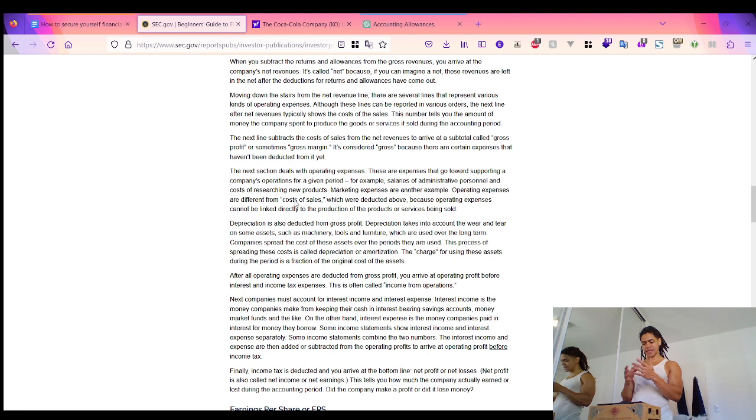This is different from the cost of sales because it cannot be linked directly to the production of product and service in that period, right? They're necessary to support the company operations, but they cannot be tied to the cost of sales.